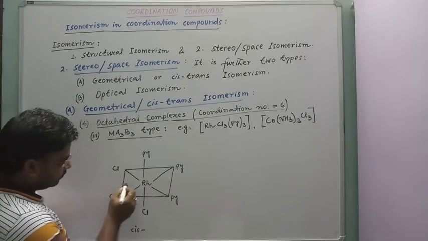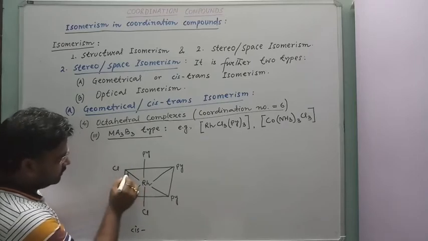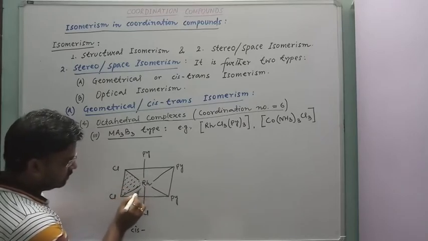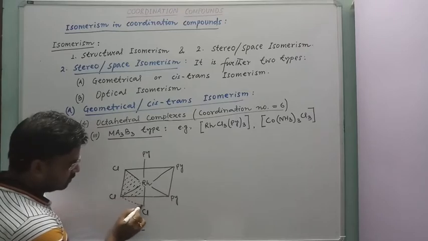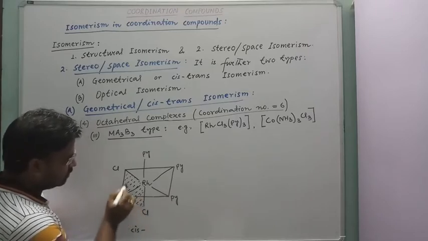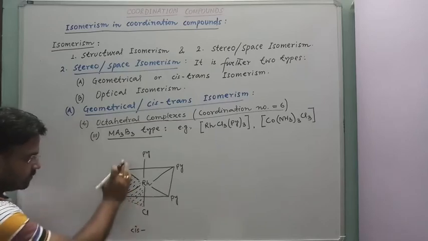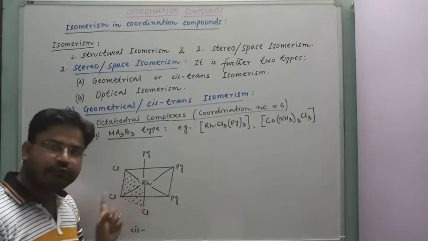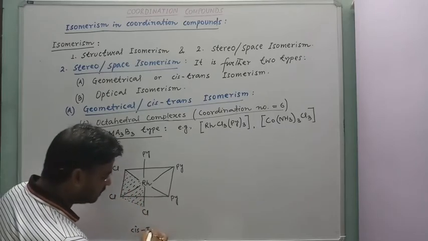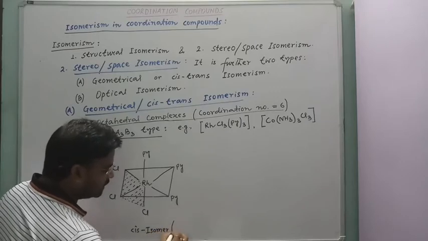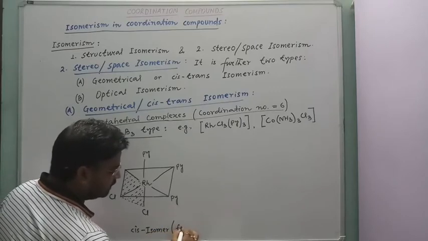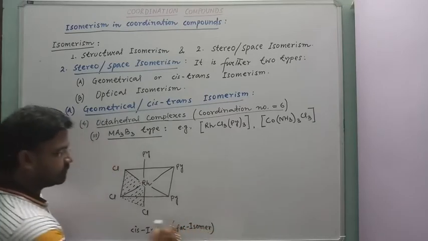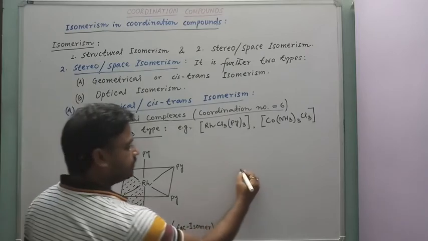And here you see the plane of these 3 chlorines. This part is facial isomer. So it is cis isomer, or it is also fac isomer. Fac means facial.